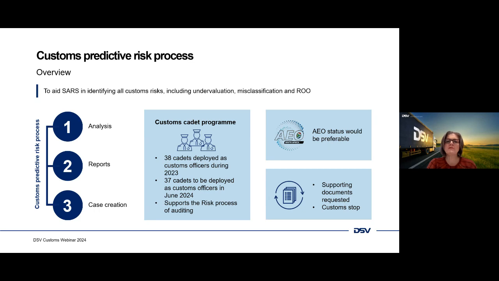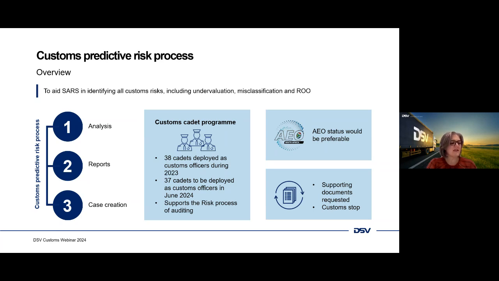Part of this program as well is that Customs have a cadet program. In the course of last year, in June 2023, they deployed 38 cadets that have been trained up as customs officers. And then also to support this further, there are another 37 that are expected to be deployed in June 2024.